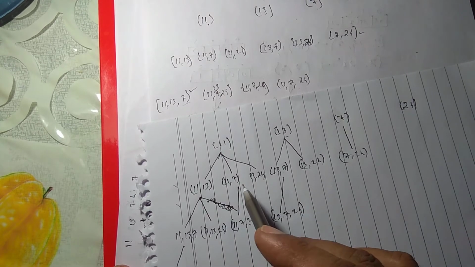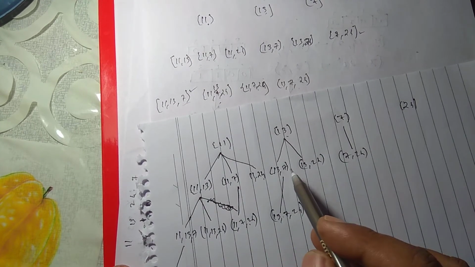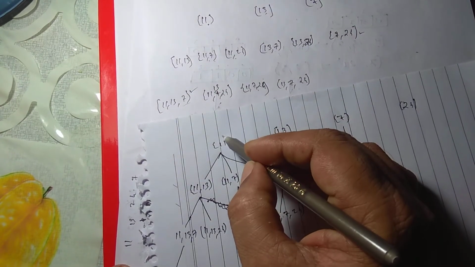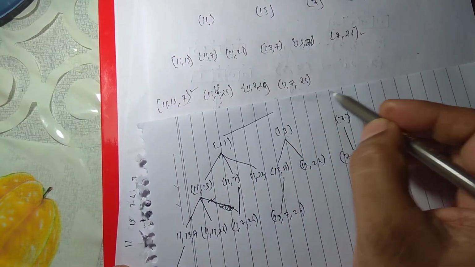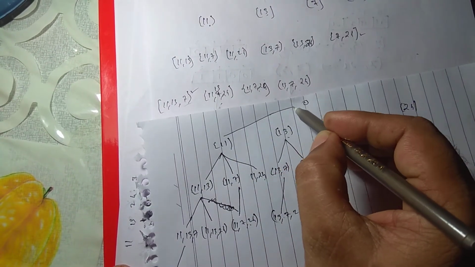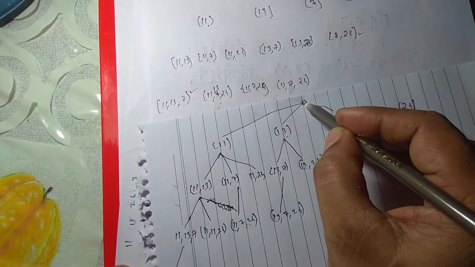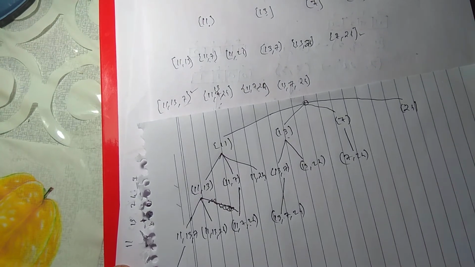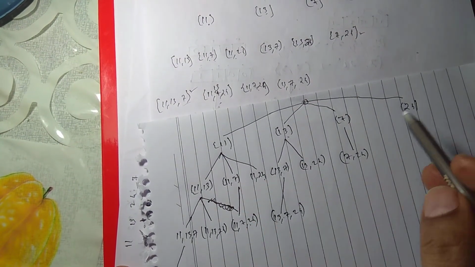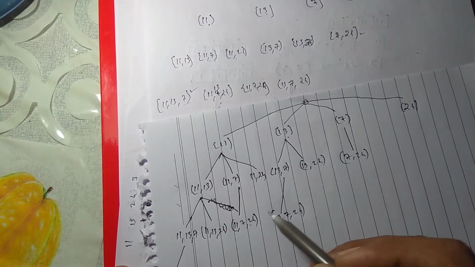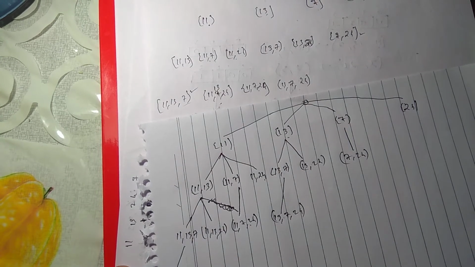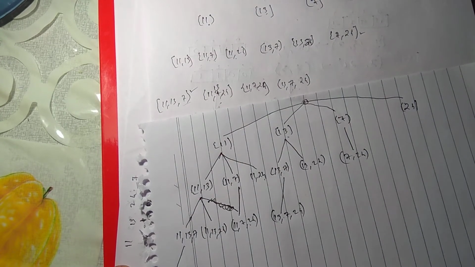If I consider each subset as a node of a tree, I can construct the tree like this. This is the root node, and these are the first level elements, these are the second level elements, and this is the third level, and this is the fourth level.